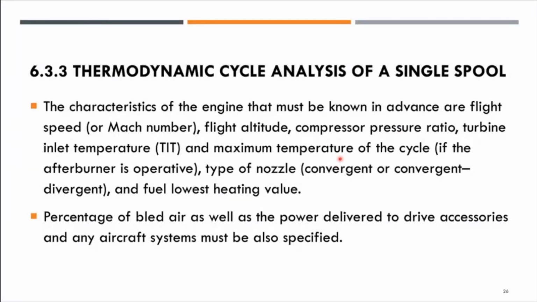If the burner is operative, we also need the maximum temperature of the cycle and the type of nozzle, convergent or convergent-divergent, the fuel lower heating value, the Q value, the percentage of bleed air, the power delivered to drive accessories, and any aircraft system must also be specified.